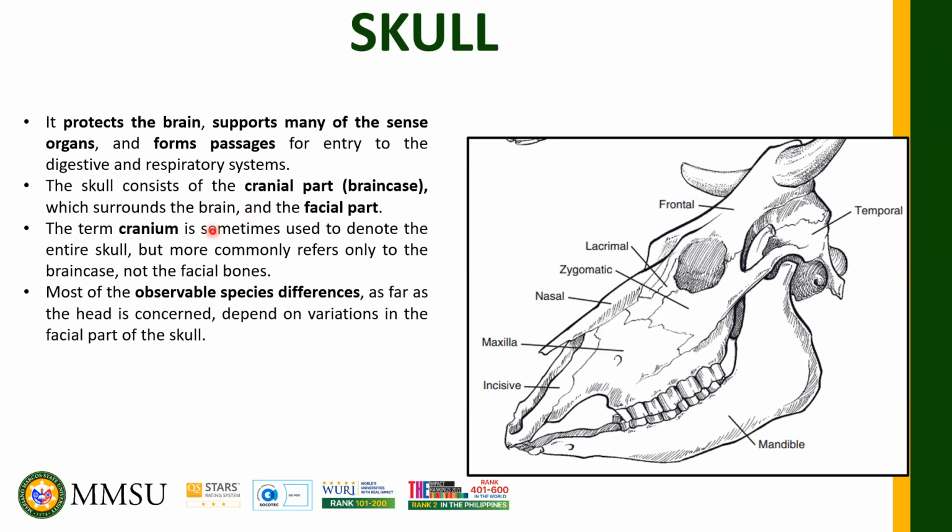So another one, the skull consists of the cranial part and then the facial part. So ito na yung i-discuss ko right now. We have the cranial part which is the brain case and then the facial part. The brain case or the cranial part usually surrounds and protects yung brain, while yung facial part is usually the bones that make up the face of the animals.